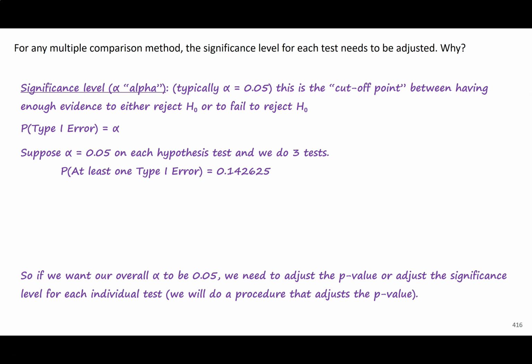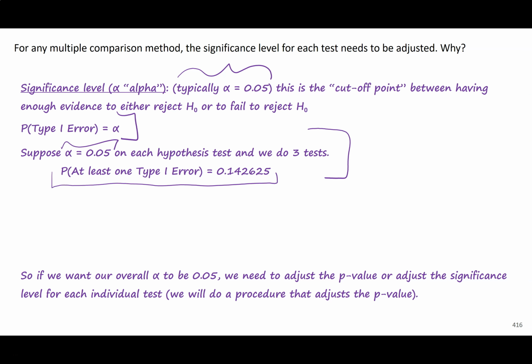So here, suppose I want my probability of type 1 error to stay at 0.05. So it's that cutoff. If my p-value is below that point, I'm going to reject. So my probability of type 1 error is alpha. But suppose I do 3 tests and I do each individual test at 0.05.